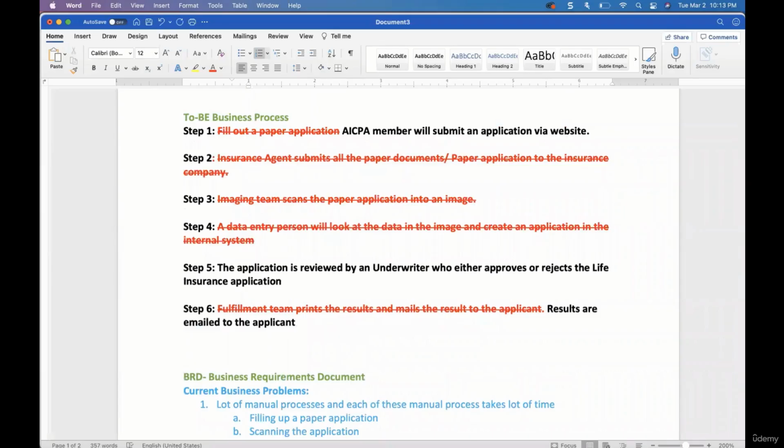Can you tell me, I'm sharing the screen, is this the right place that identifies the changes to be made?